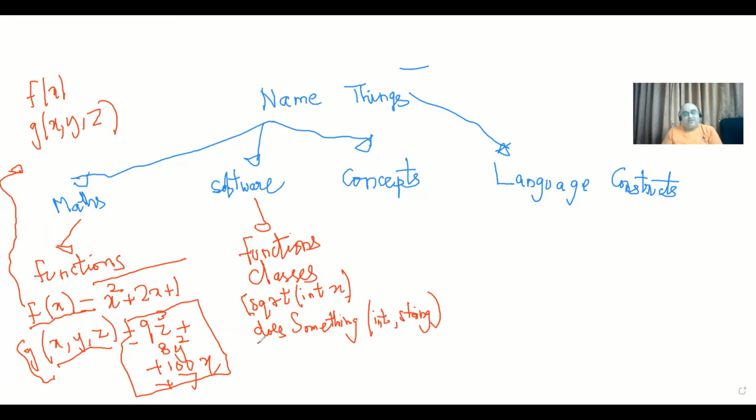Similarly, this does something class. What is it really? It's just a name of a class. And the behavior of that class is hidden behind the pattern, the other constructs, behind that name, right? Its member functions, member variables, constructors, destructors, so on and so forth. But what really is this? It's just a name.